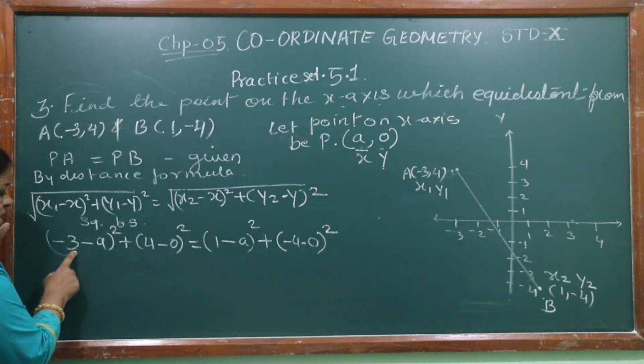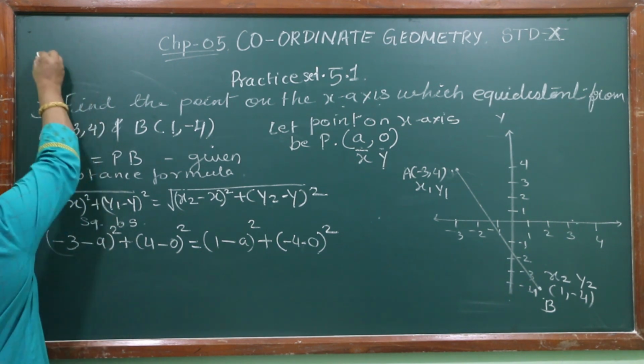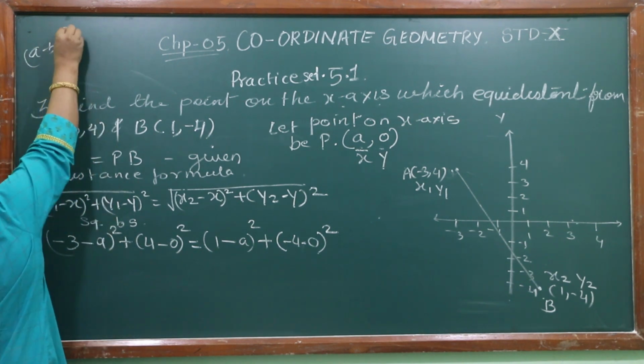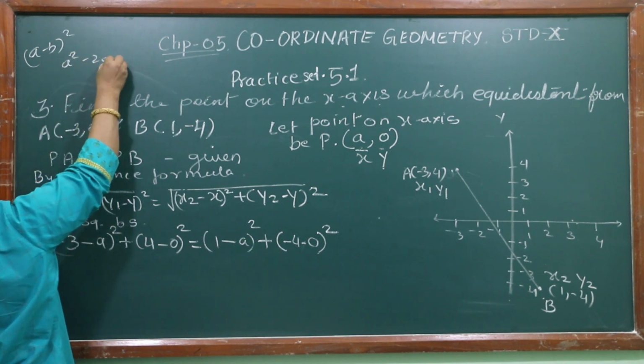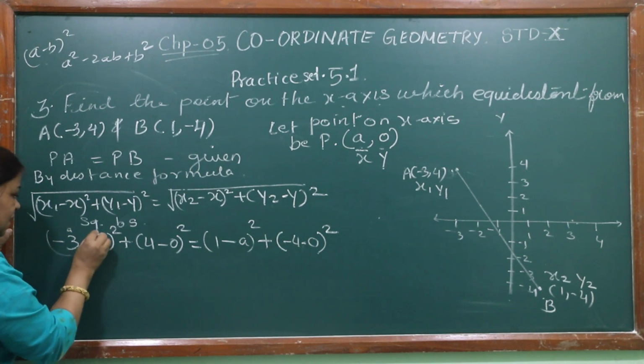Now, minus 3 minus a. That is (a minus b) the whole square. (A minus b) the whole square will be a square minus 2ab plus b square. So this is a and this is b.